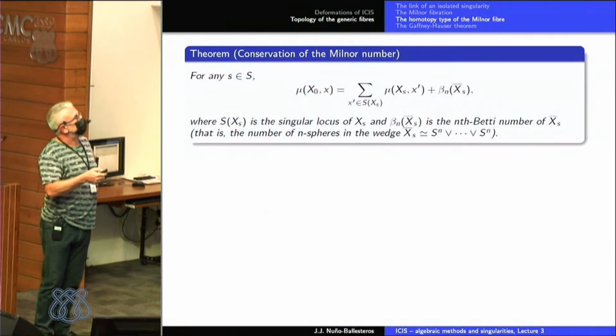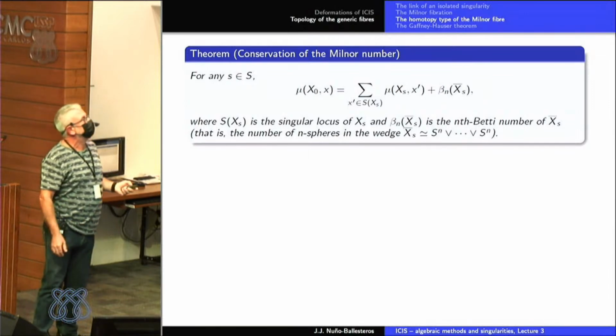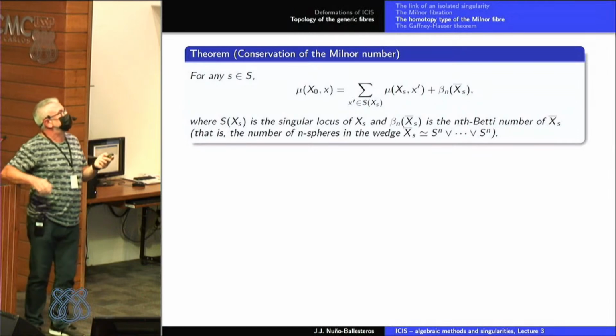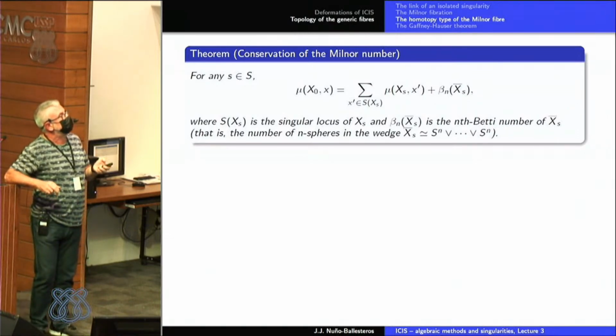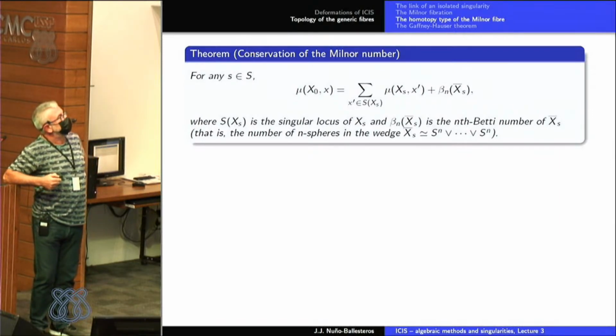So let's see some other nice properties of the Milnor number. The first one is this property that I call the conservation of the Milnor number. This says that if you take any fiber, not a Milnor fiber but any fiber, any s. For the Milnor fiber, you take an s which is not in the discriminant, but here I take any s.